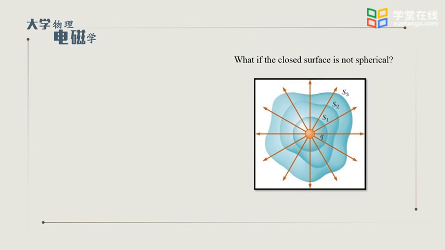Now consider several closed surfaces surrounding a charge Q. Please look at this figure. S1 is spherical, but S2 and S3 are not. According to the formula we obtained for the spherical surface, we know that the flux over S1 equals Q over epsilon 0, which is proportional to the number of electric field lines penetrating a surface.